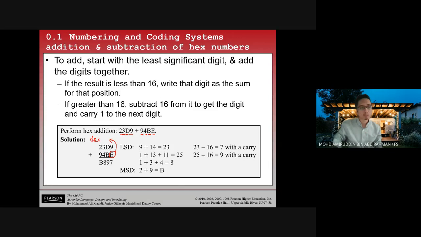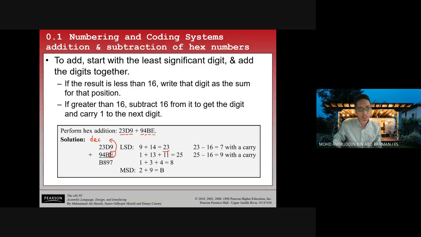Remember that hex digits go from 0 to F, so E should be 14. So 9 plus 14 should be 23.